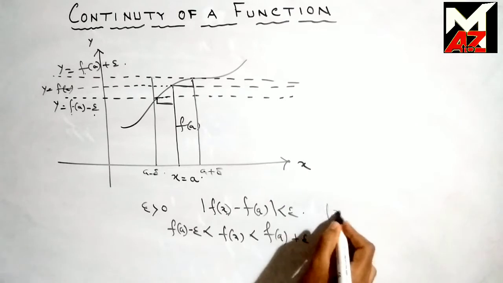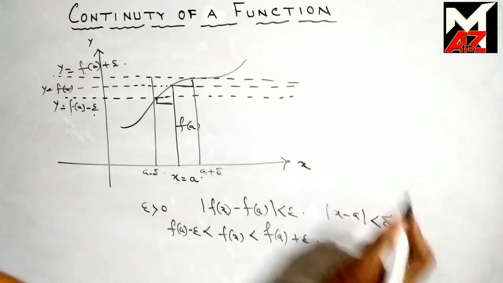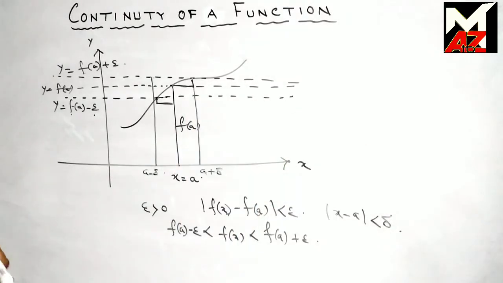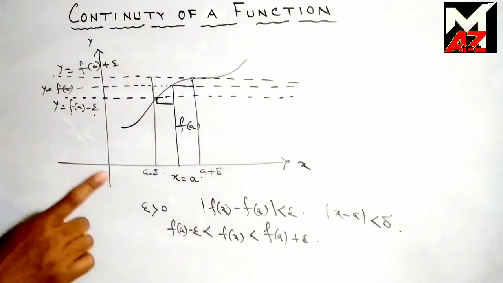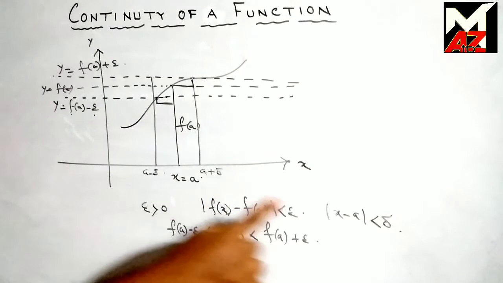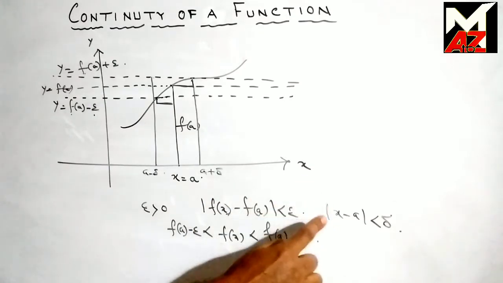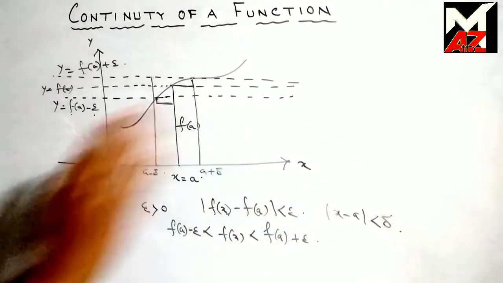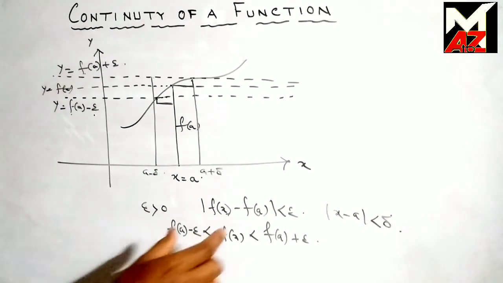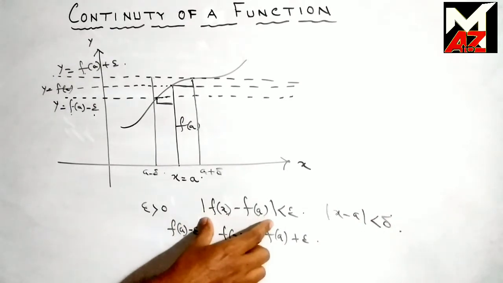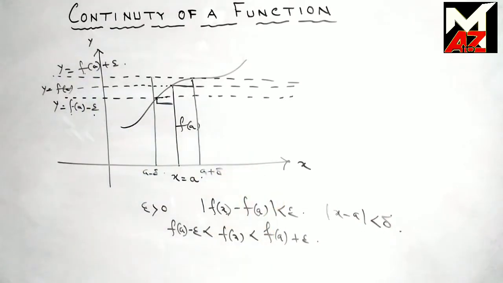So we get a delta greater than 0, for which if mod of x minus a less than delta, then mod of f x minus f a less than epsilon. So the function is continuous at x equal to a.